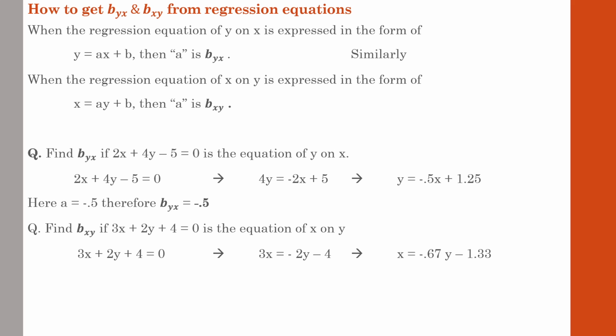So now ay is represented as minus 0.67y. So the value of bxy is minus 0.67. So this is how you have to find the value of byx as well as bxy from a set of equations given.